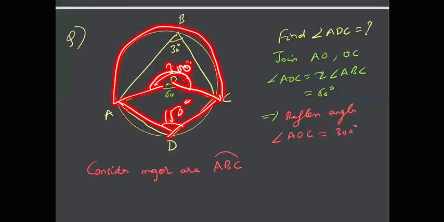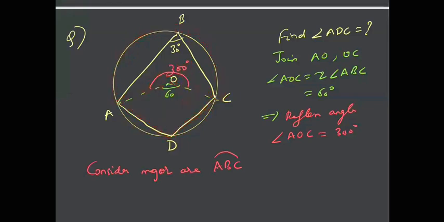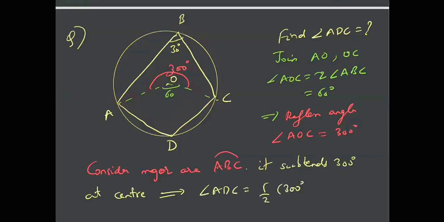So this angle will be 150 degrees. Okay. So it subtends 300 degrees at center. So this implies angle ADC would be half of 300. That would be 150 degrees. Okay. So the answer would be 150.